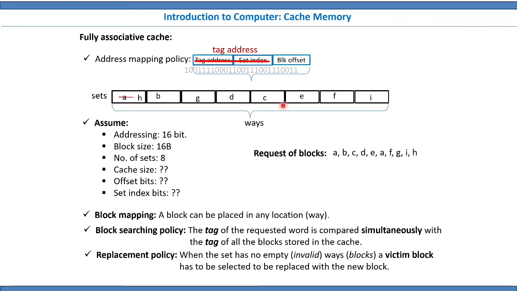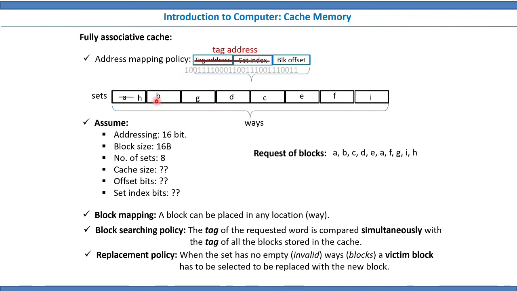And if it is found in the cache, it is called a hit. So how will we compare? Whenever we store a block here, with this block we also store the tag address. So whenever a new request comes, we know its tag address. This tag address will be compared with the tag address corresponding to the block stored here. If the tag address matches, then we say that this is a hit.